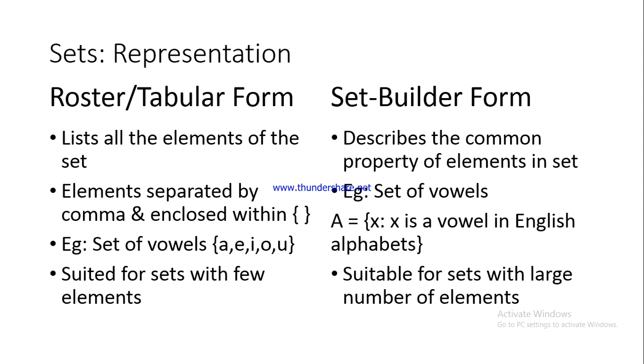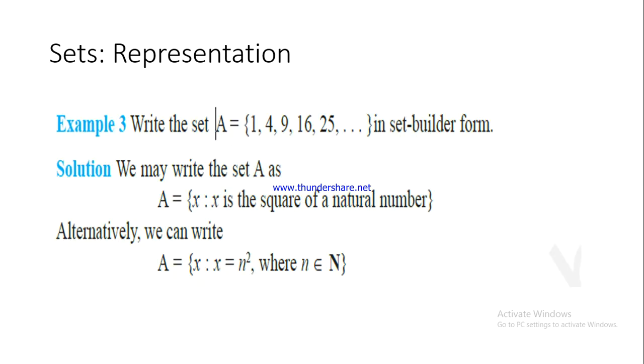Now, just to understand how much you have been able to grasp from the earlier discussion, let me give you a quick question. So this is the question: write the set A is equal to {1, 4, 9, 16, 25, ...} in set builder form.